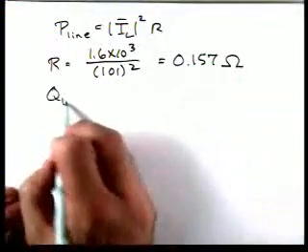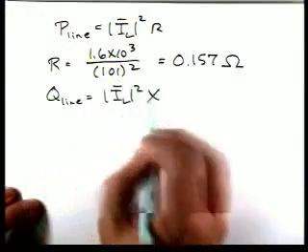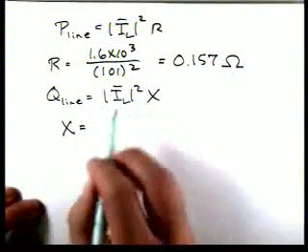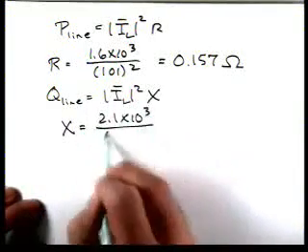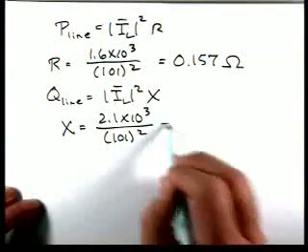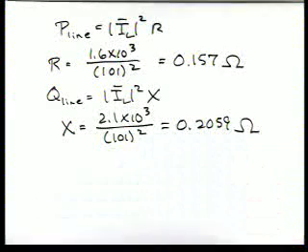And Q of the line would be the magnitude of IL squared times X. So X would be 2.1 kilovars divided by the 101 squared, which would be 0.2059 ohms.